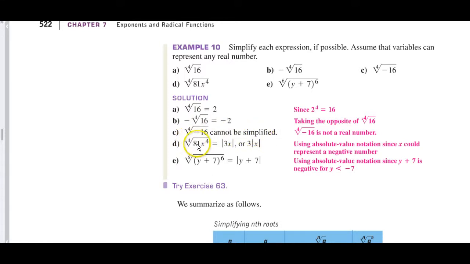Now, 81 is a perfect fourth power, so that becomes 3. X, and then 4 divided by 4 is just x to the first. And you could list it this way or this way. And again, I will not be critical on that.